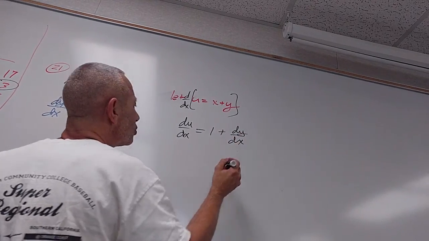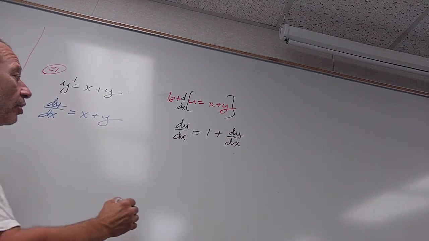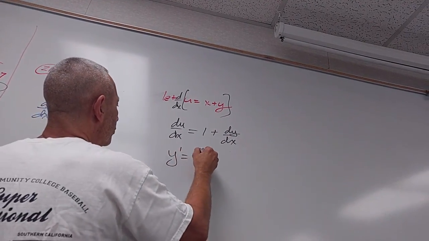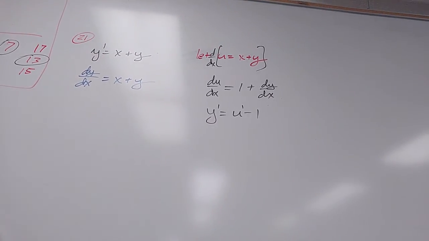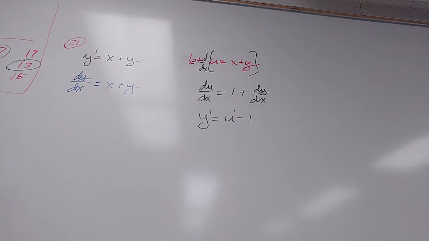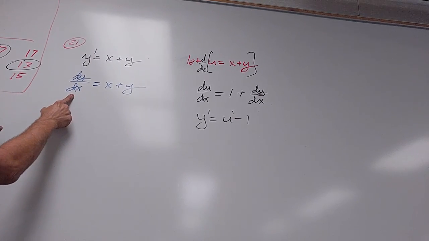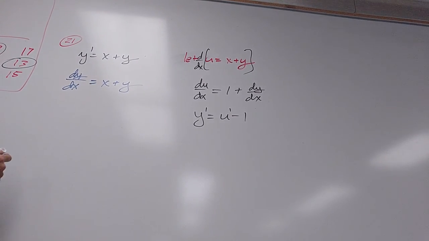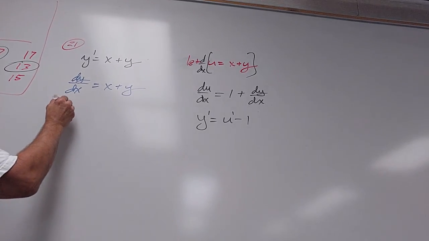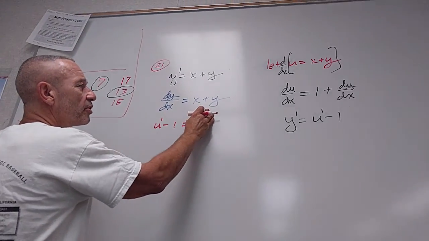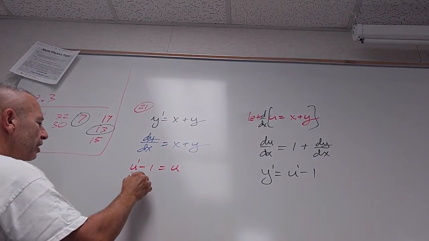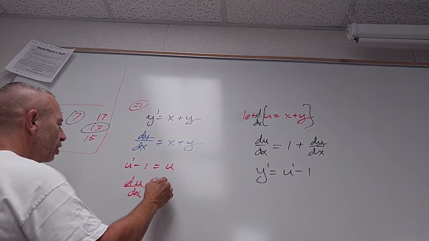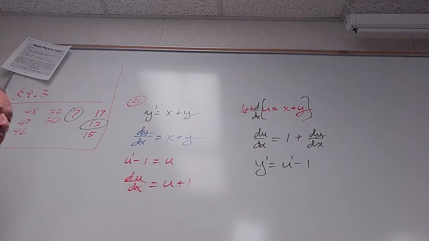Now I have a substitution for dy/dx. y prime is u prime minus 1. Oh, so let's see, I'm going to replace that with u prime minus 1. And I'm going to replace x plus y with u. So that's du/dx equal u plus 1.